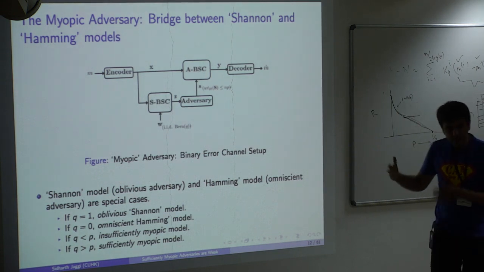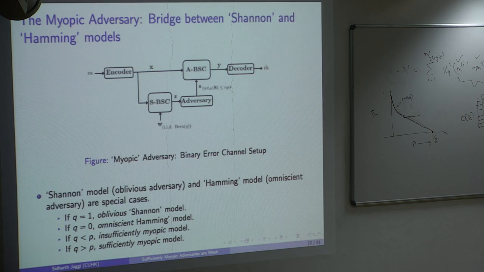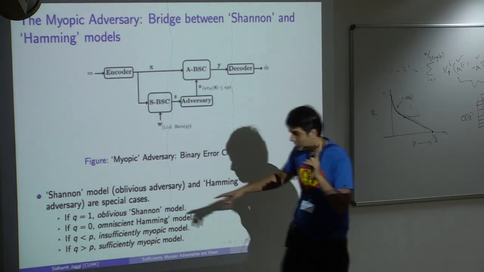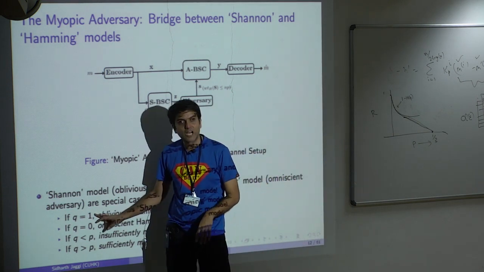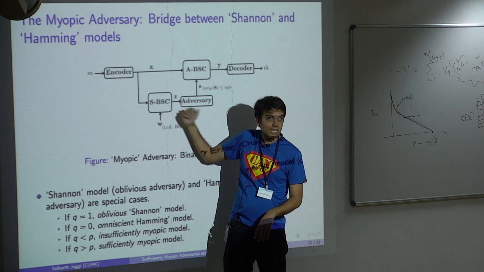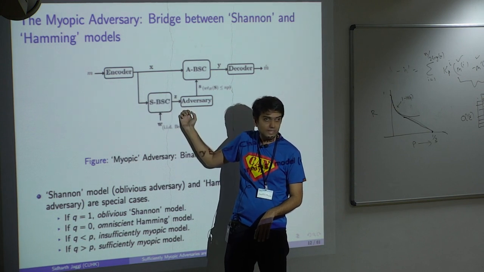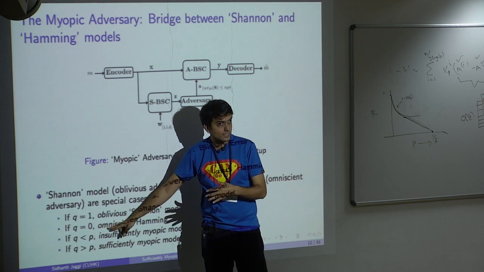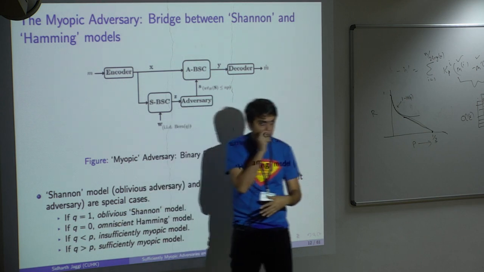Here I'm focusing on the bit flip case, but the general myopic channel is actually quite general. For example, when q is a half, then this is a perfectly noisy channel. Then it's as if James is not seeing anything at all. When q is 0 or 1, then it's the omniscient channel. But there are intermediate problems of interest.